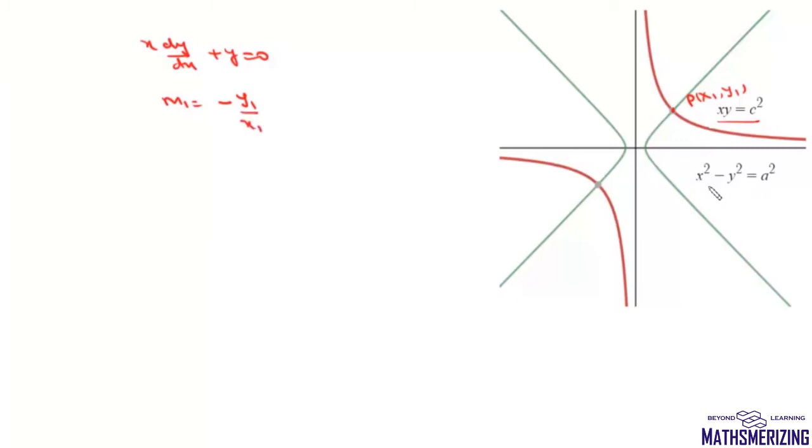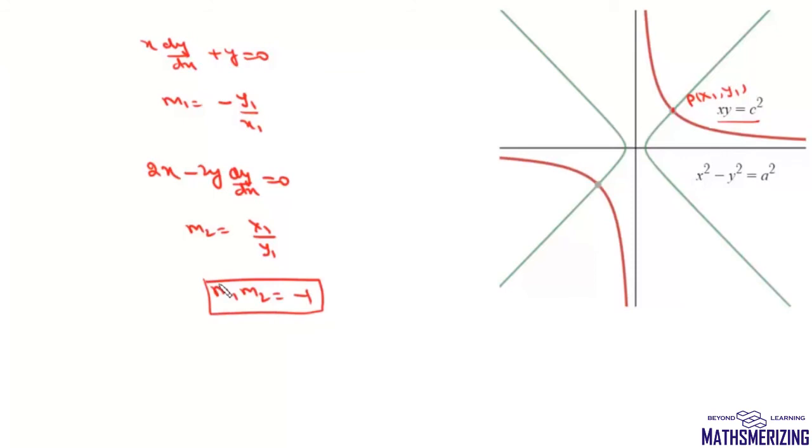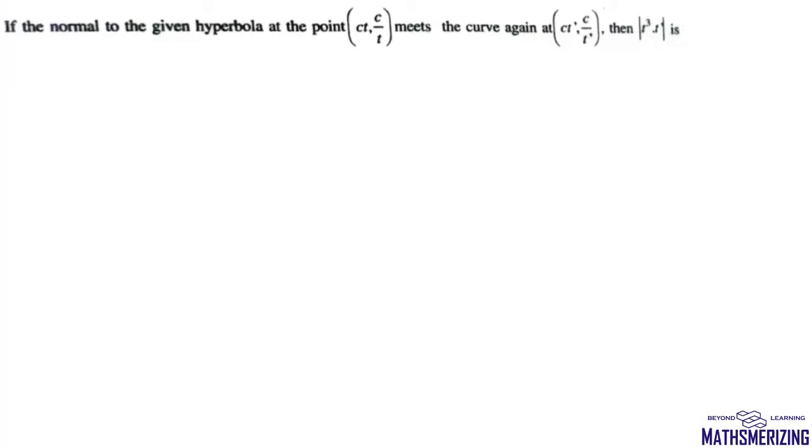And if we differentiate the second curve, we'll get 2x minus 2y dy by dx equals 0. So the value of m2 will be x1 upon y1. Now we'll find m1 into m2, this product is always minus 1. So any rectangular hyperbola of the form xy equals c square will intersect the hyperbola x square minus y square equals a square orthogonally.